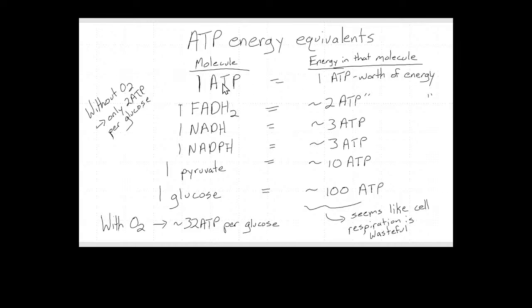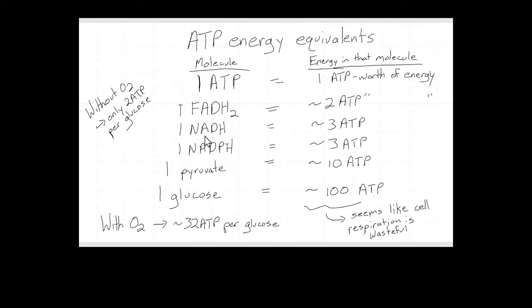As we go through this list, we first have FADH2, and that molecule carries a couple electrons that have about 2 ATP worth of energy. NADH has about 3 ATP worth of energy. NADPH has about 3. Really, the only difference between NADH and NADPH is a phosphate group. And don't worry about what the NAD or the FAD looks like.